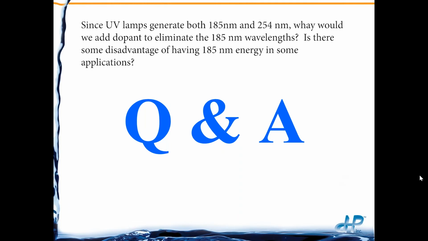All right, so the question here is, since UV lamps generate both 185 and 254 nanometer, why would we add dopant to eliminate the 185 wavelengths? Is there some disadvantage of having 185 energy in some applications?